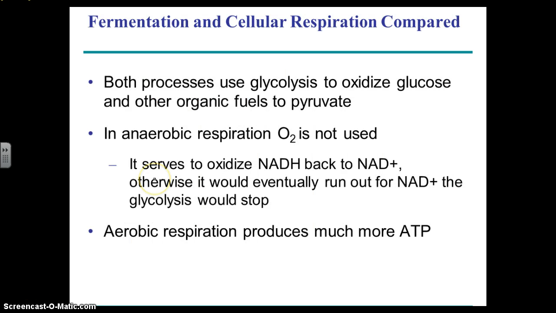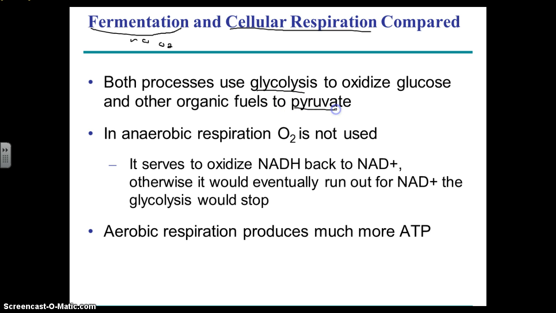So if we compare fermentation, remember, this is without oxygen, so no O2, and we're going to compare it to regular cellular respiration, where we're talking about the Krebs cycle and the electron transport chain and chemiosmosis thrown in there because there's oxygen. Both processes use glycolysis to generate pyruvate.